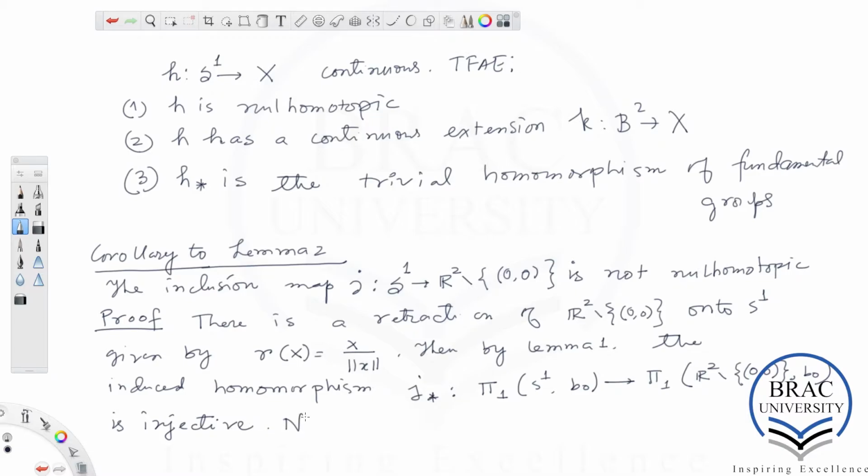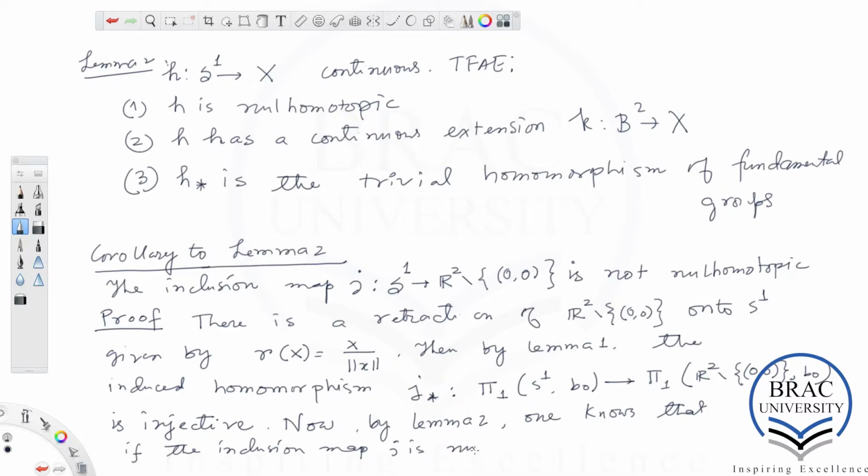Now, we invoke this Lemma 2. According to this Lemma 2, if the inclusion map J is null homotopic, meaning that for this inclusion map 1 holds, then 3 will also hold.